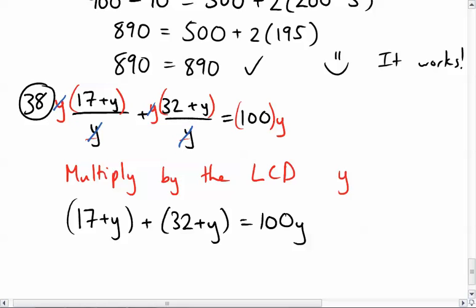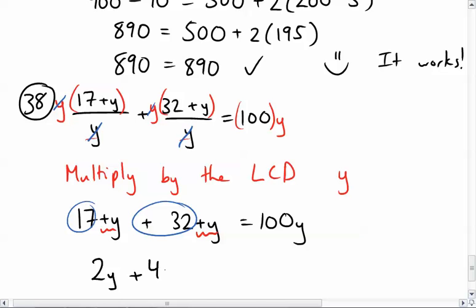I don't really need these brackets here, so I'm just adding. So I'm going to combine my like terms. I've got 1y and 1y, which is 2y's, and 17 and 32 is positive 49.